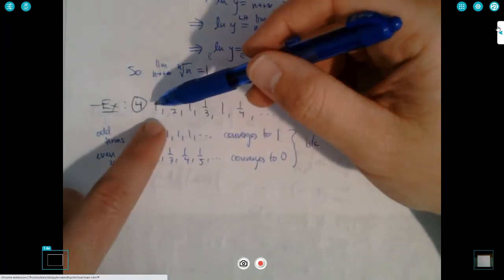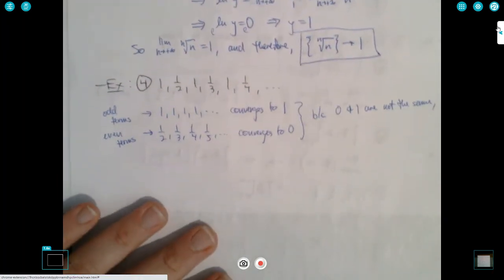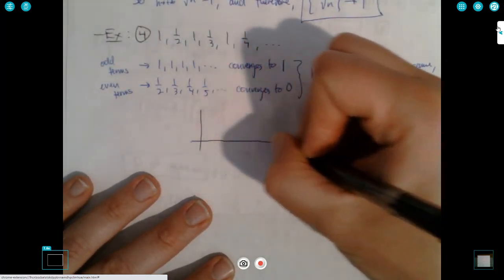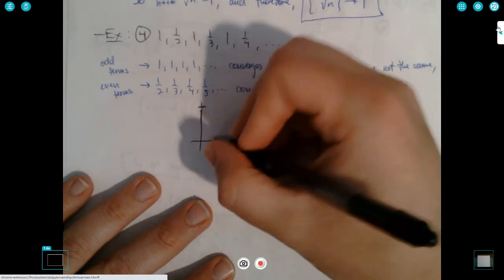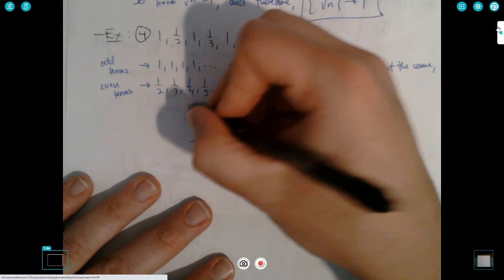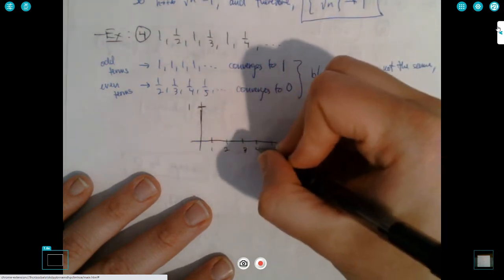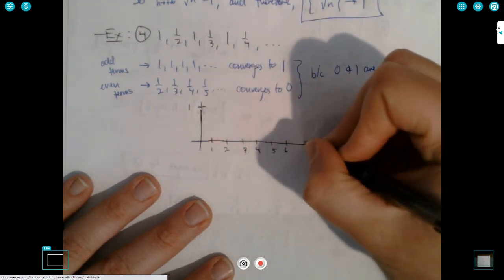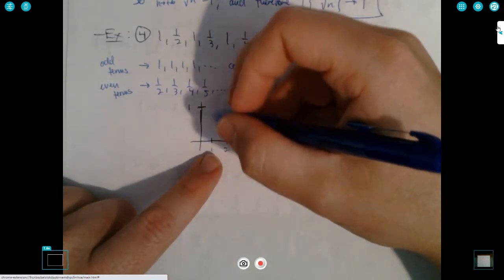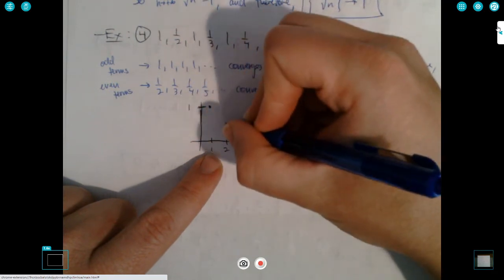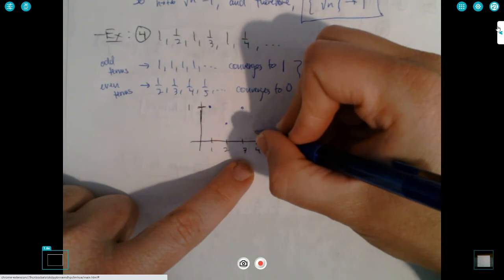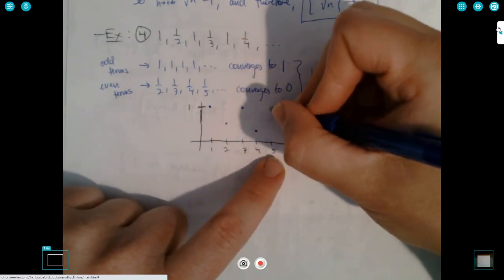You can think of it like if you were to look at a graph of this one, it would look like this. So 1, 2, 3, 4, 5, 6, 7, 8, and this is 1. The first term is 1. Second term is 1/2. Third term is 1. Fourth term is 1/3. Fifth term is 1.